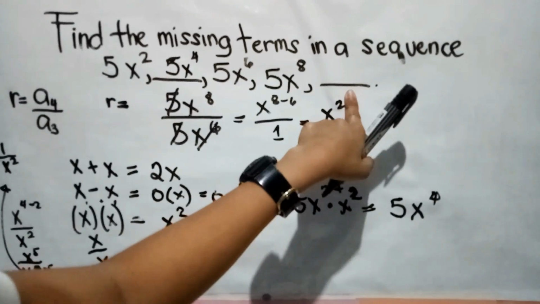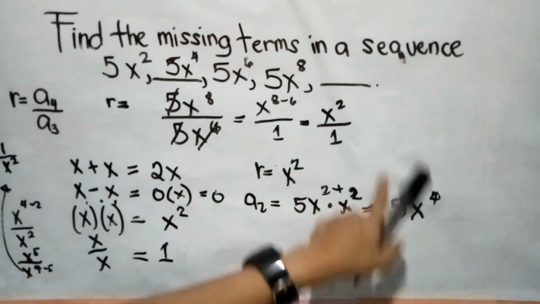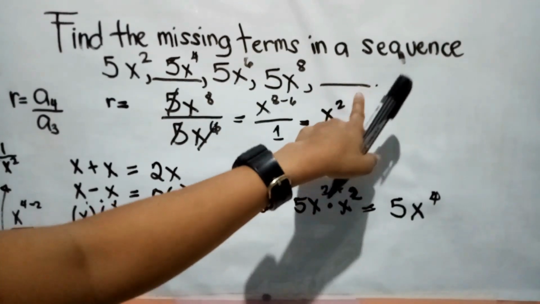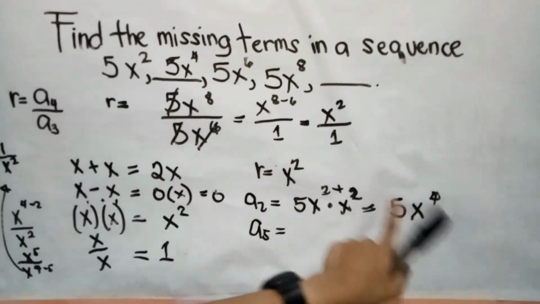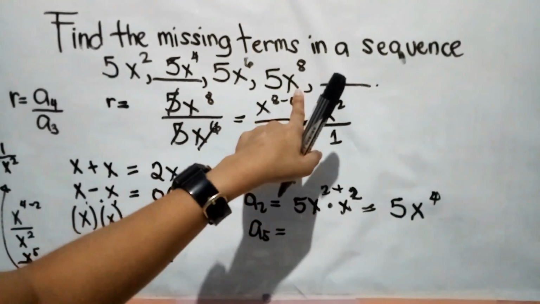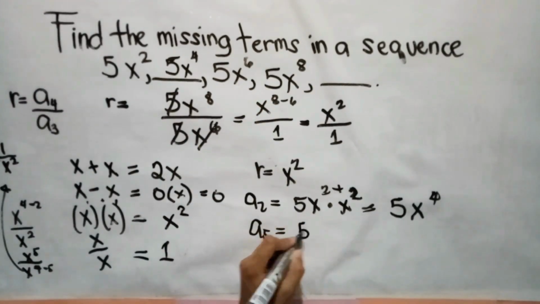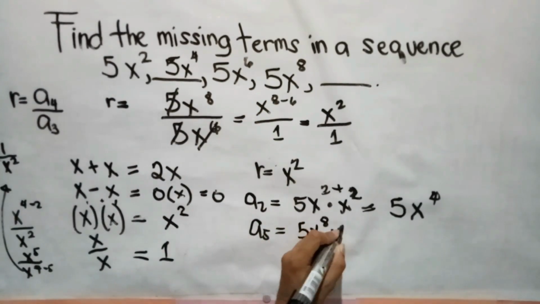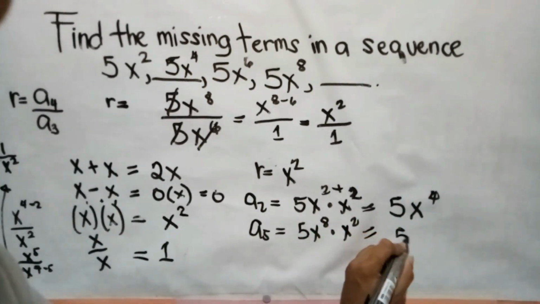Next, let's look for 1, 2, 3, 4, 5. So we need to get the fifth term. So a sub 5 is equal to, we need to multiply x squared to the fourth term. So we have 5x raised to 8 times x squared is equal to 5 times 1, and that is 5.